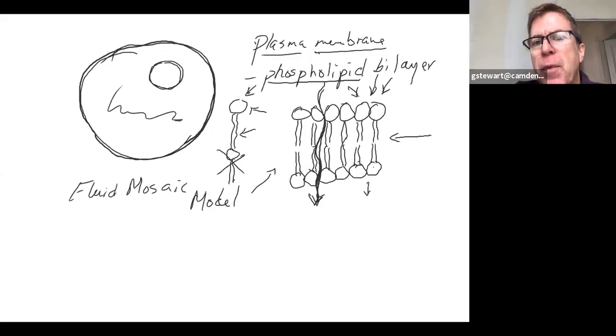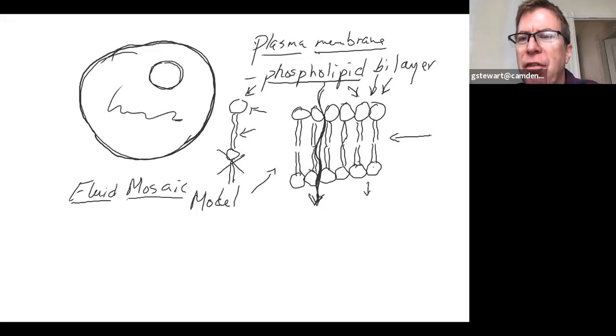We call it fluid because it's pliable and it's ever-changing. I'll describe that in a minute a little bit more. We call it mosaic because there's all sorts of things in it. It's not just made up of one molecule or two molecules. It's got all different types of molecules in it.